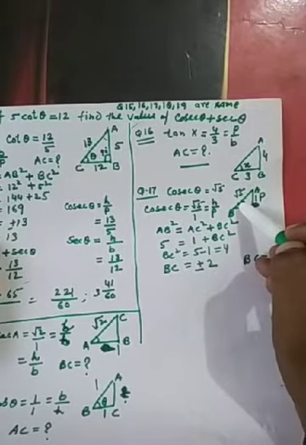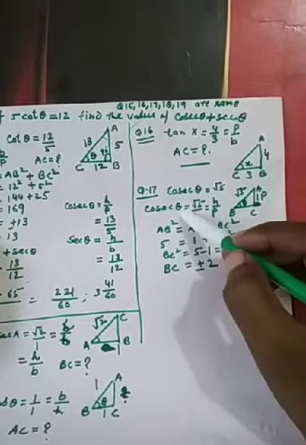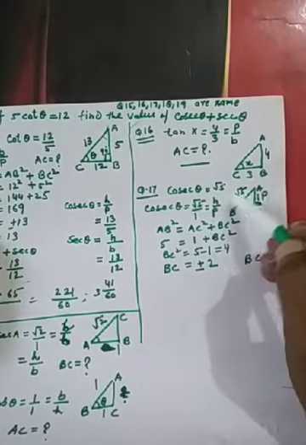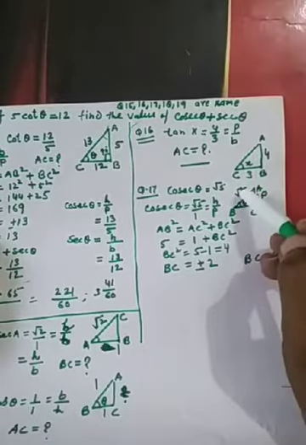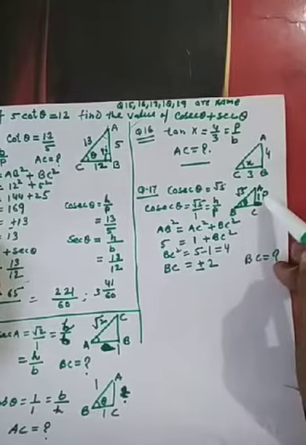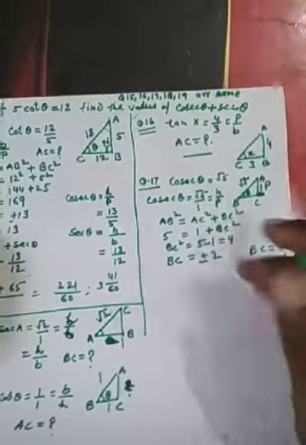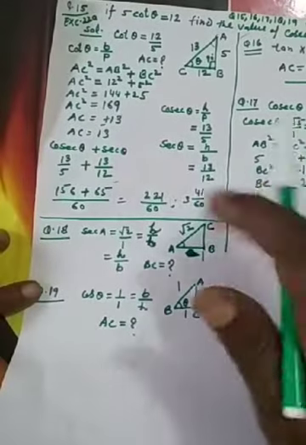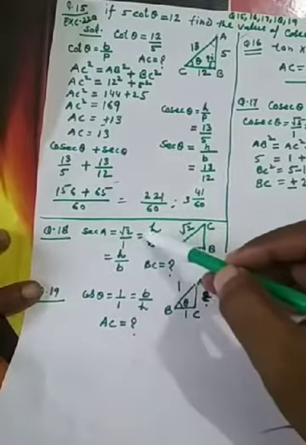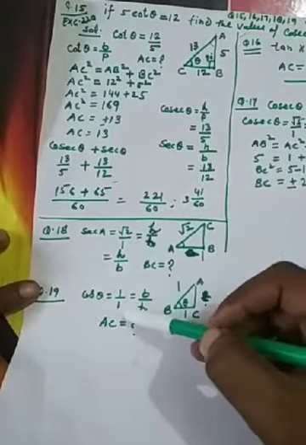Cosec theta is equal to h upon p. So this is the hypotenuse, root 5, and this is the perpendicular. BC is unknown, so find BC. In the same way question number 18 and question number 19 are the same.